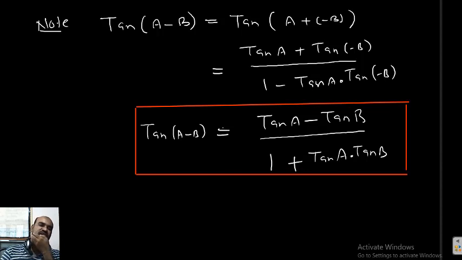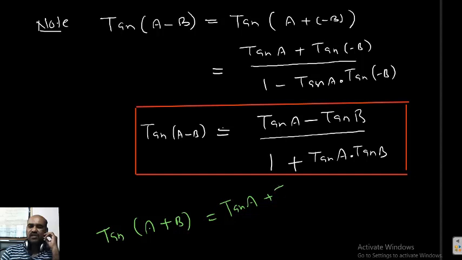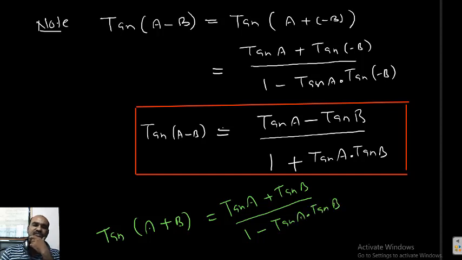Tan of A plus B completed, tan of A minus B completed. But I want to write both in one step. See students here, tan of A plus B equal to tan A plus tan B by 1 minus tan A into tan B. Tan of A minus B, here plus means here you are getting plus, here you are getting minus.